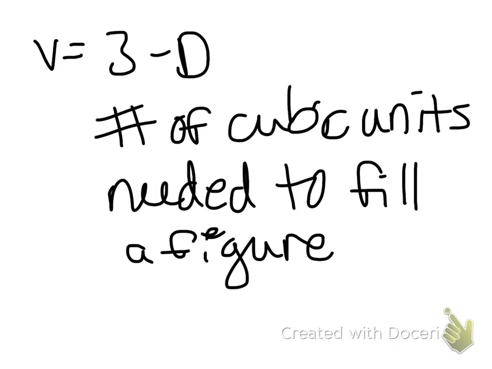So anytime you find the volume of an object, it's going to be, say, feet cubed. Area is always squared, but volume, you're taking three dimensions into account, so it needs to be cubed.